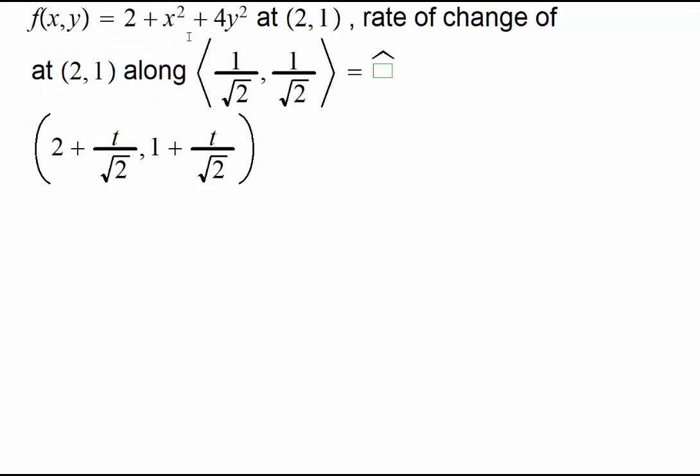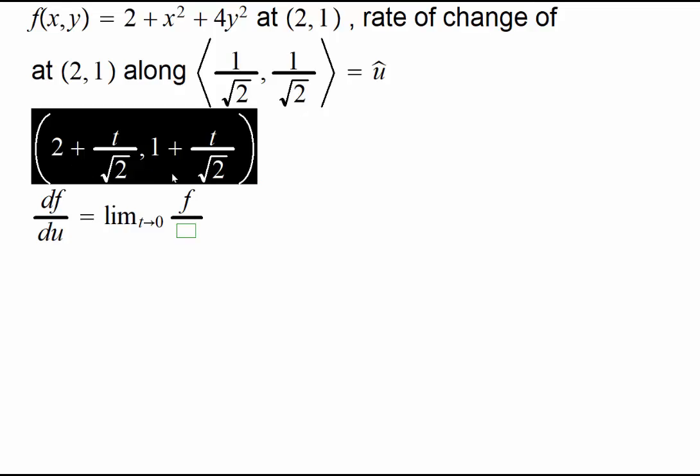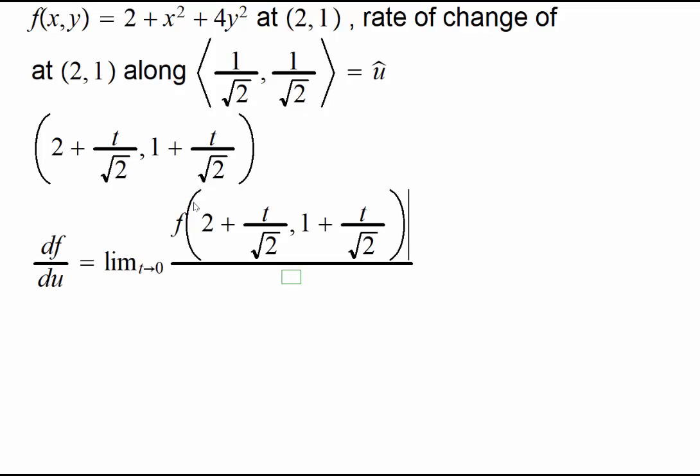That derivative we can call df/du. It will be defined by this limit, if it exists, as t goes to 0: we take the change in f as we move from (2, 1) to this new point, changed by t, and then divide by t.